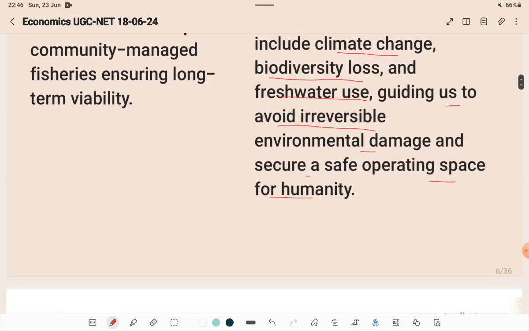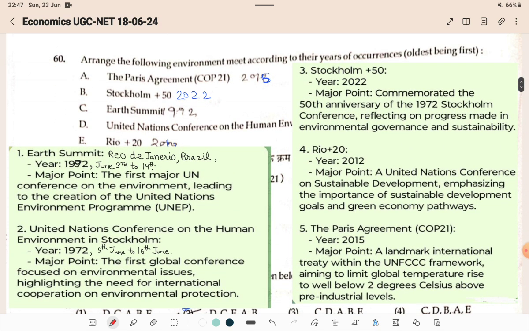Now the next question is number 60. Arrange the following environmental meets according to their years of occurrence, oldest being first.